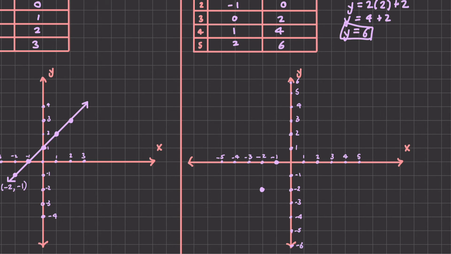Write that point down. x is equal to 0, and y is equal to 2. Write that point down as well. x is equal to 1, and y is equal to 4. And finally, x is equal to 2, and y is equal to 6. We can see here that there's also a line emerging.